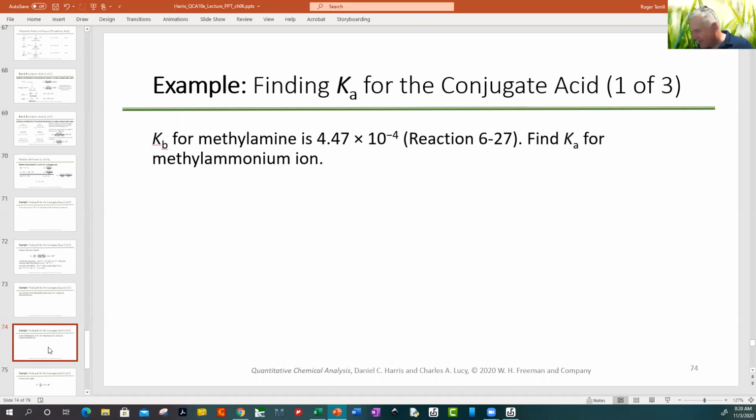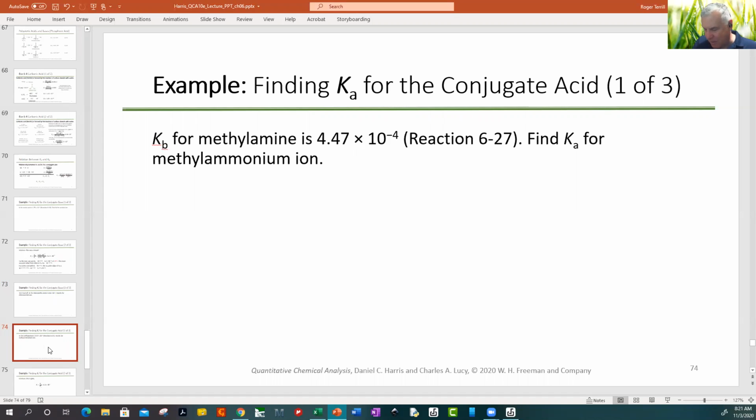Okay, so let's do methylammonium. Ignore my math here. Okay, so Kb for methylamine. I'm just going to write this down.